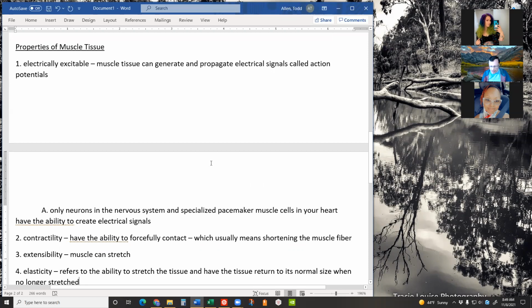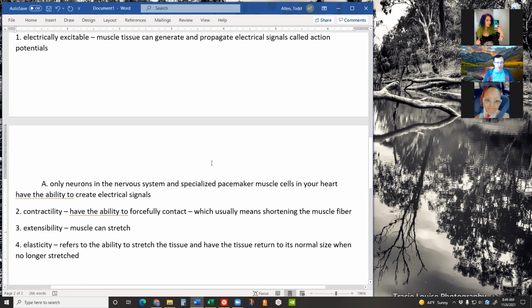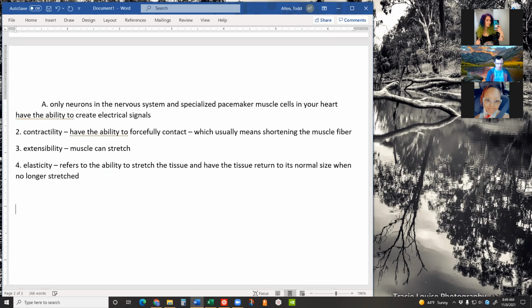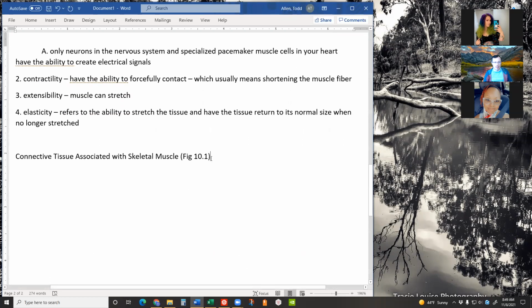We need to talk about some of the connective tissue that's associated with skeletal muscle. So let's take a look at figure 10.1. If you have figure 10.1 open in front of you, look at these things as I point them out.